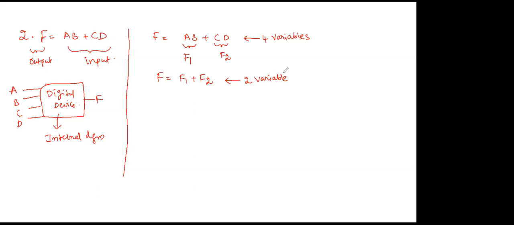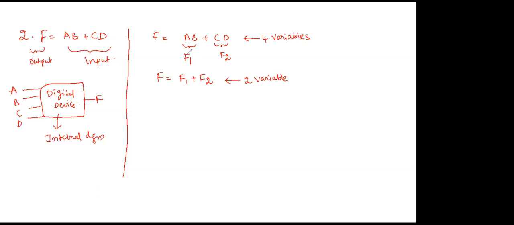Whatever the expression given to you, you need to simplify the given Boolean expression into two variables. How to simplify? By grouping two variables as one group, and you need to give some name.